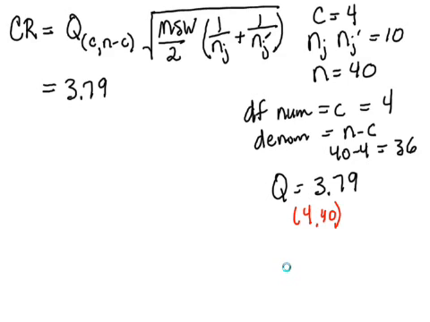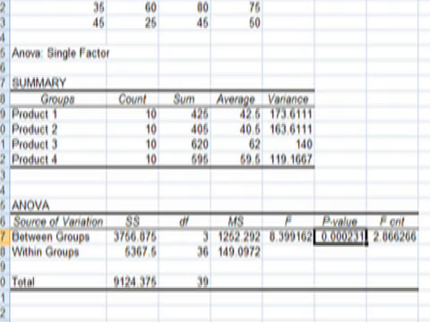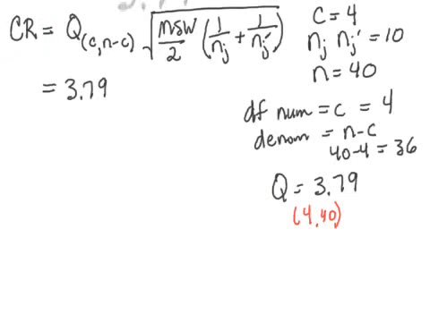Now, let me give you a moment as I go back to Excel for you to decide what you believe MSW to be. Take a minute and look at your ANOVA table. Can everybody agree that MSW, mean square within groups, is 149.1 if you round it?